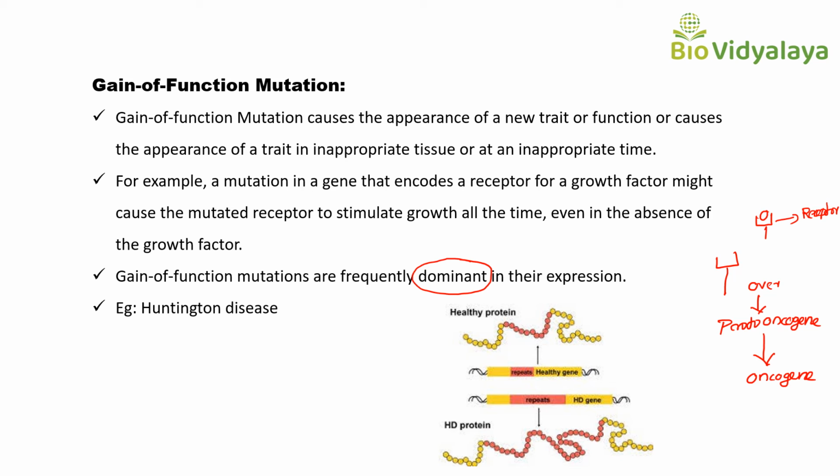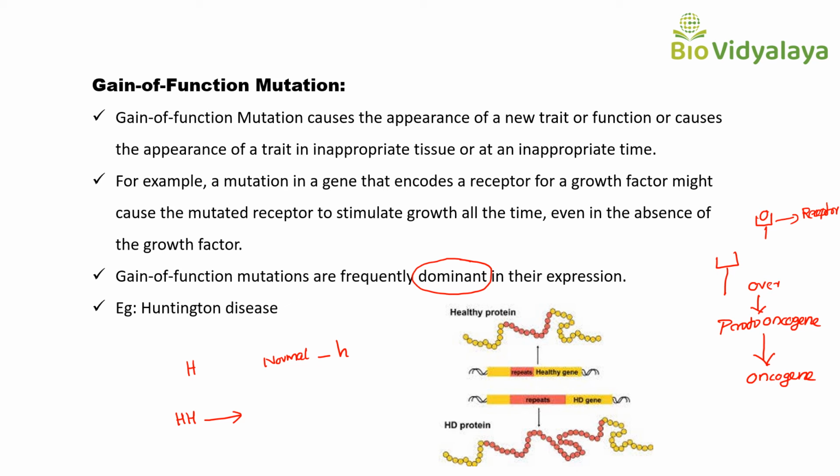So we can represent the allele responsible for the disease as capital H and the normal allele as small letter h. Any child having a capital H will inherit the disease, and any child with the genotype capital H capital H will not survive to birth.